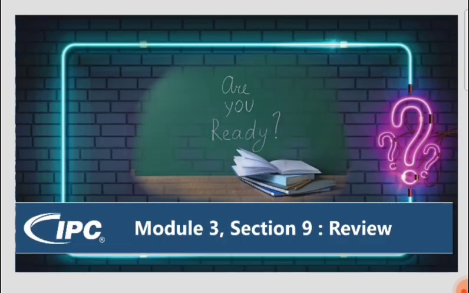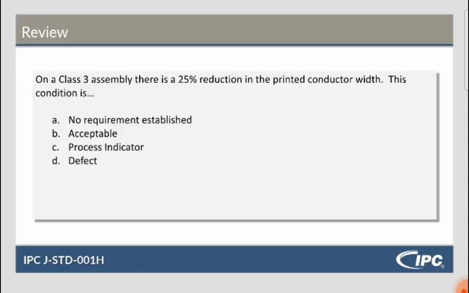Okay, so we're doing the Module 3, Section 9 review. On Class 3 assembly, there is a 25% reduction in printed circuit conductor width. This condition is, so I want you to take a minute to look in your PDF, or even back through this one.